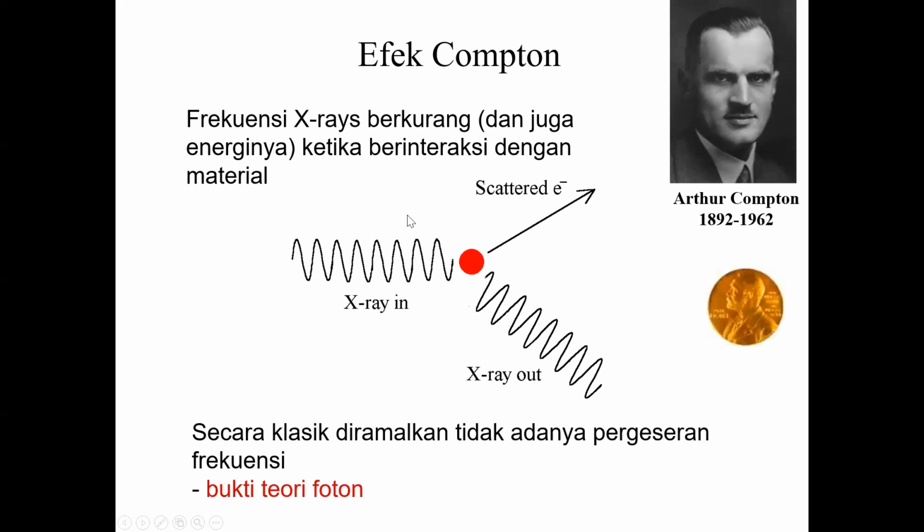In classical theory, we do not have a shifting frequency. For example, if light comes from the air into glass, into the medium, we do not have any shifting frequency.